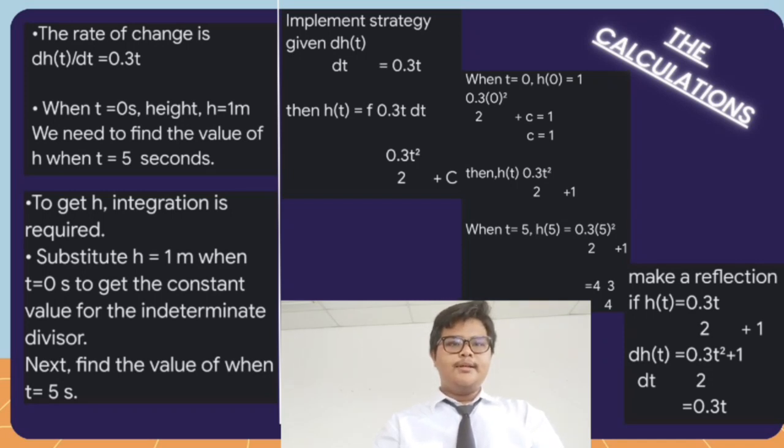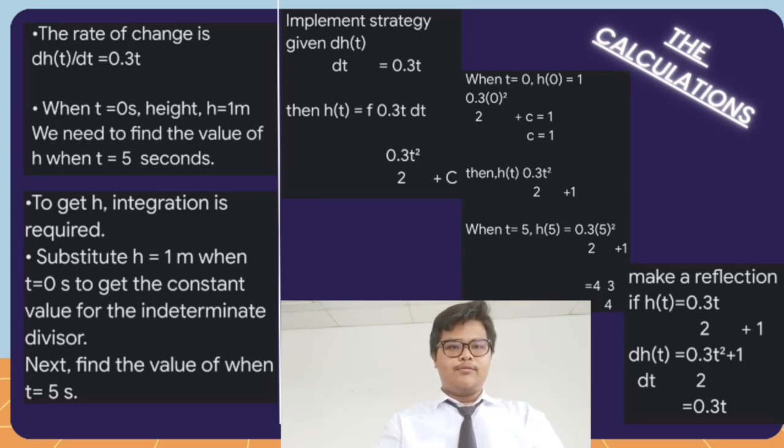When t equals 0, H(0) equals 1, so 0.3 times 0 power of 2 over 2 plus c equals 1. Then H(t) equals 0.3t power of 2 over 2 plus 1.